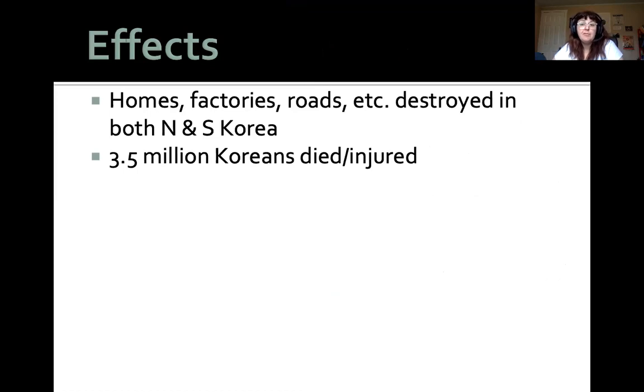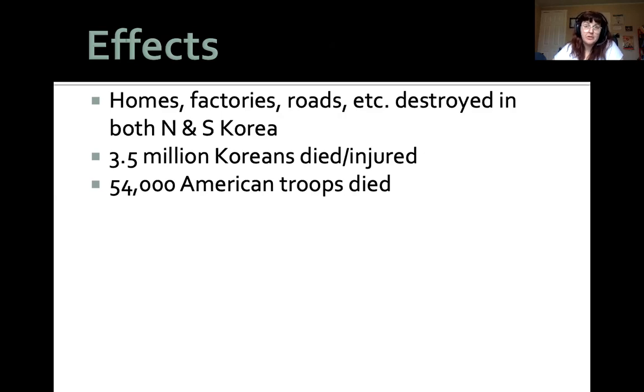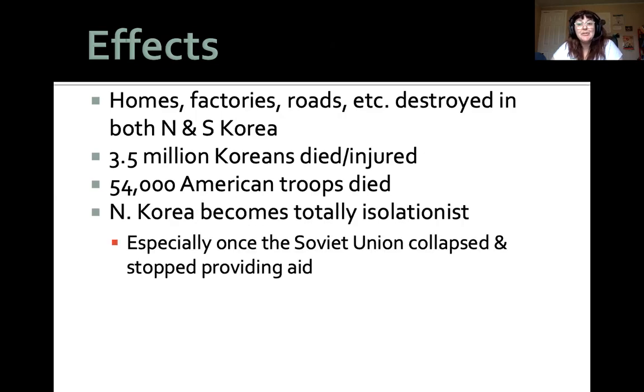About 3.5 million Koreans died or were injured during the war, which is a huge number of casualties for a fairly small country at the time. 54,000 American troops died, which again is a large number, especially as we had just had 400,000 Americans die in World War II.